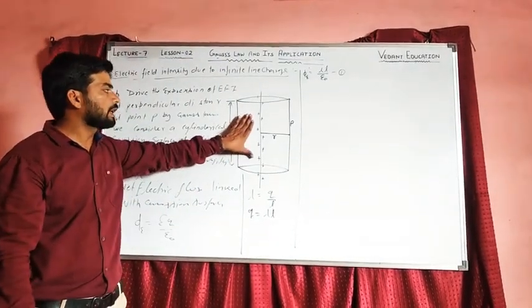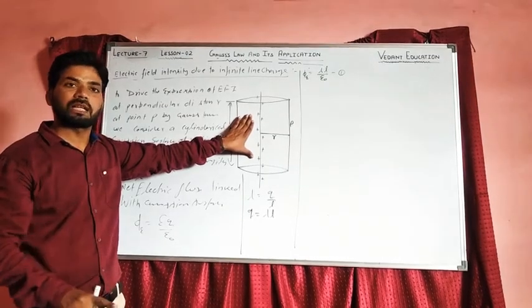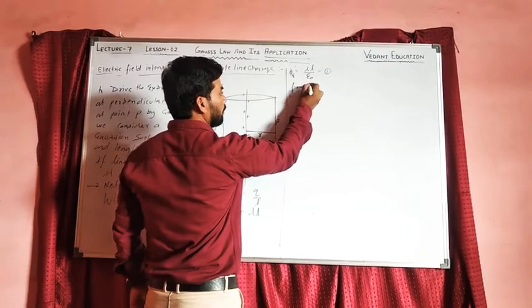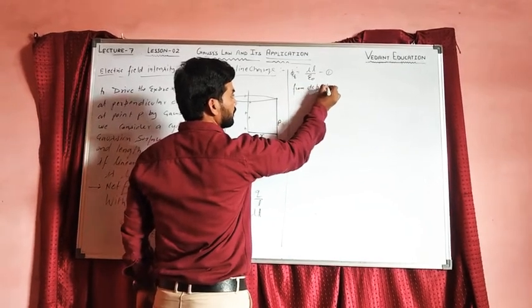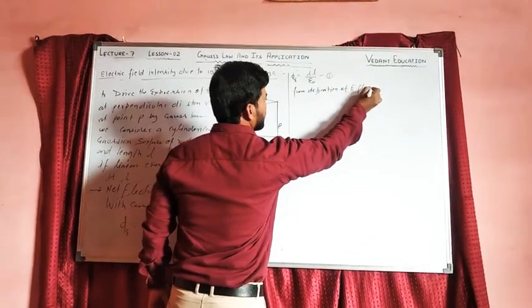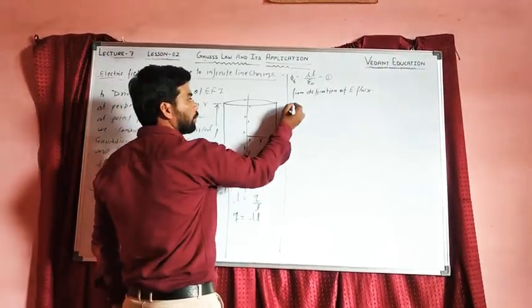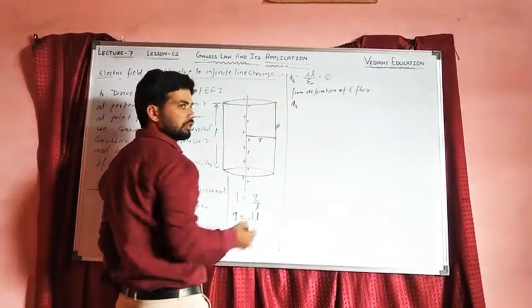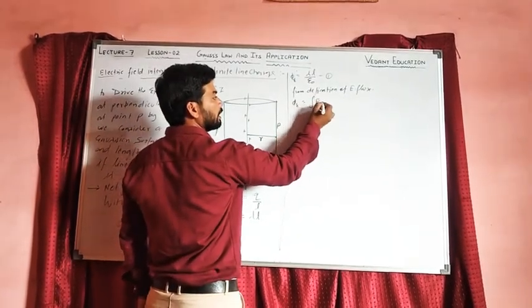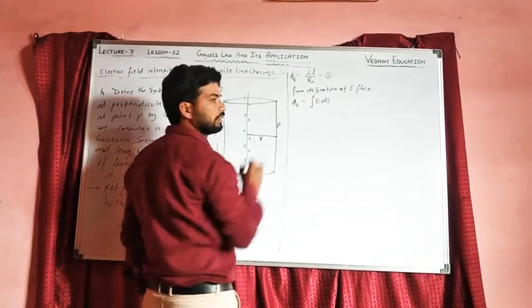Now, from the definition of electric flux, phi E, the flux linked with the Gaussian surface, is given by the closed surface integral of E dot ds.